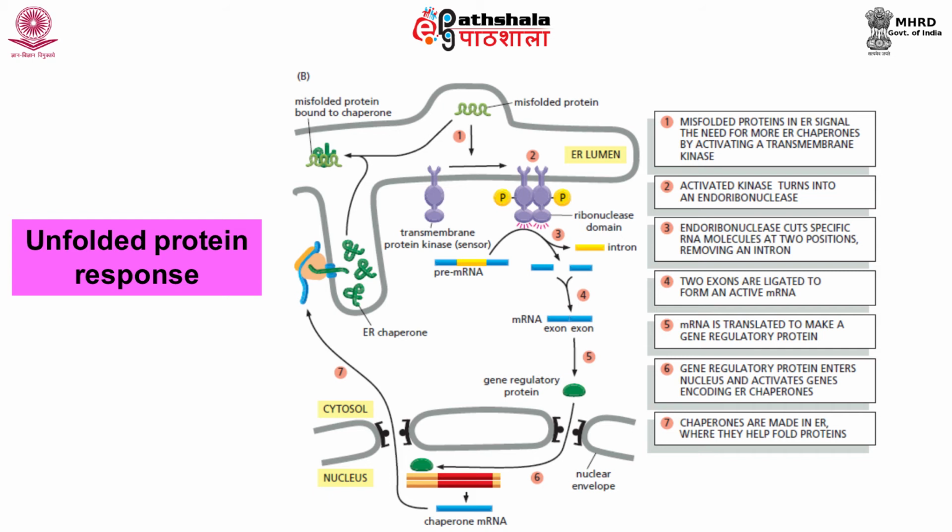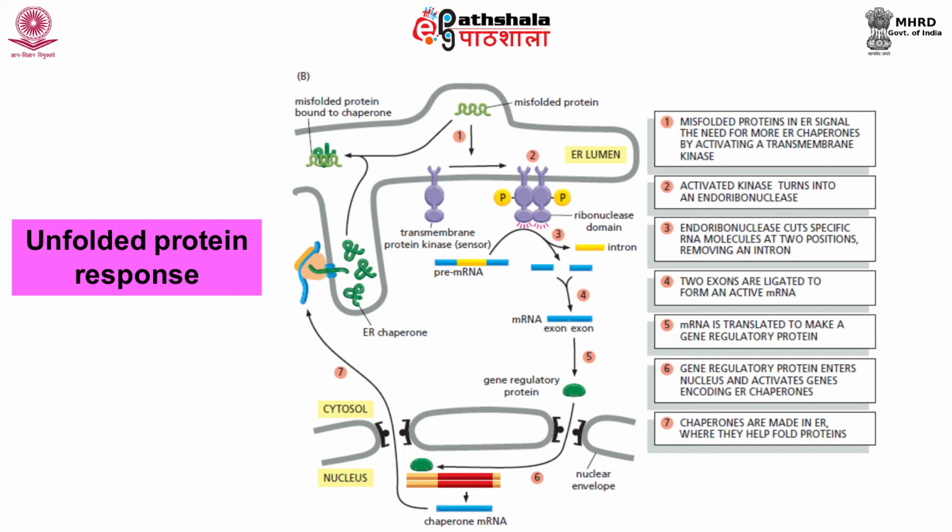Misfolded proteins in the ER activate a transmembrane kinase that signals the need for more ER chaperones. The activated kinase works as an endoribonuclease that cuts specific RNA molecules at two specific positions and removes an intron.